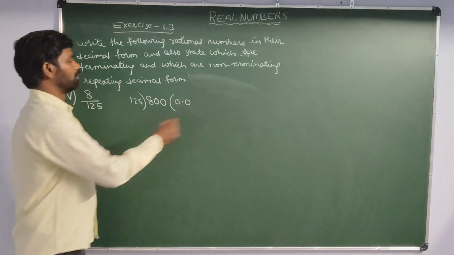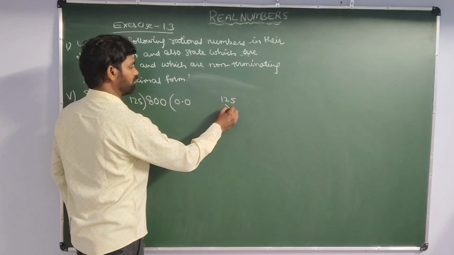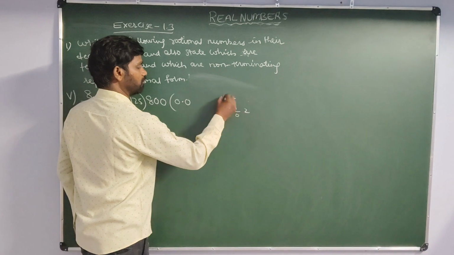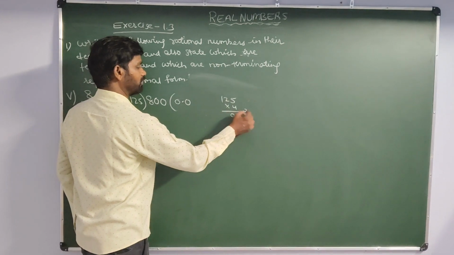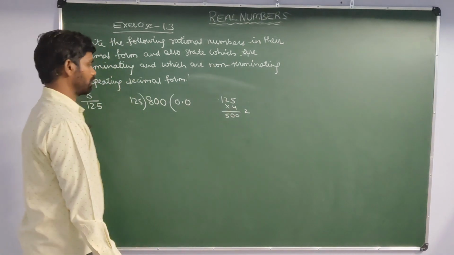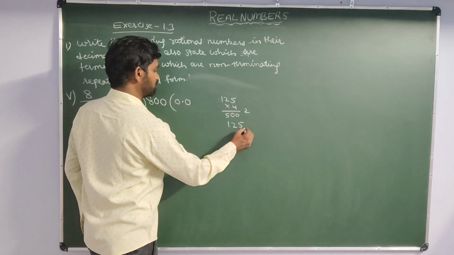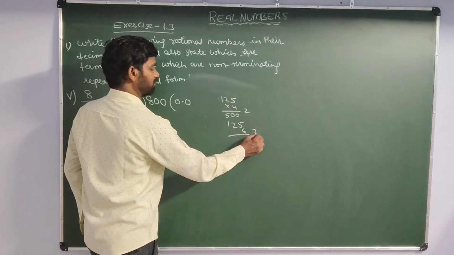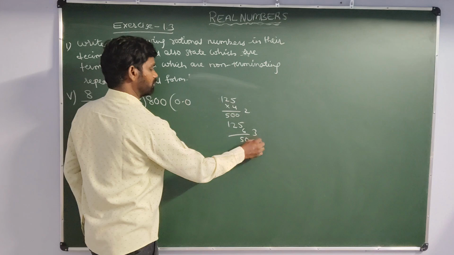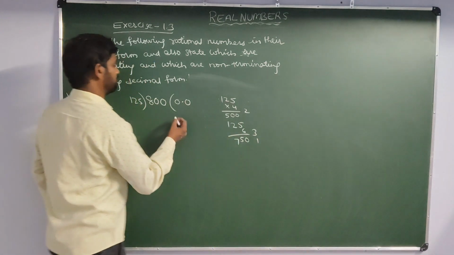Now, let us write the multiples of 125. 125 into 4. 4 fives are 20, 4 twos are 8 plus 2, 10, 4 ones are 4, 5, so 500. Next, consider some more values, that is 125 into 6. 6 fives are 30, 6 twos are 12 plus 3, it is 15, 6 ones are 6, 7, so we get 750.